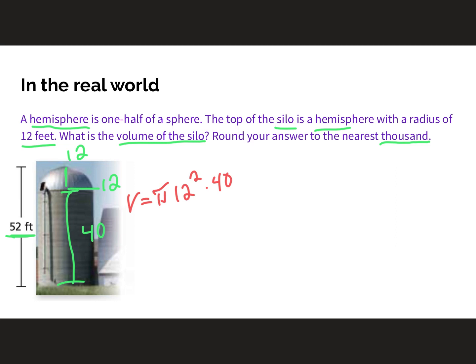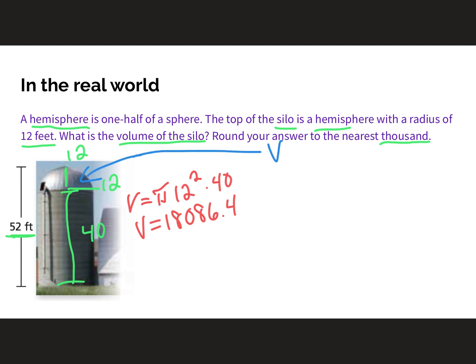So 12 squared times 40 times 3.14 gives me a volume for my cylinder of 18,086.4.